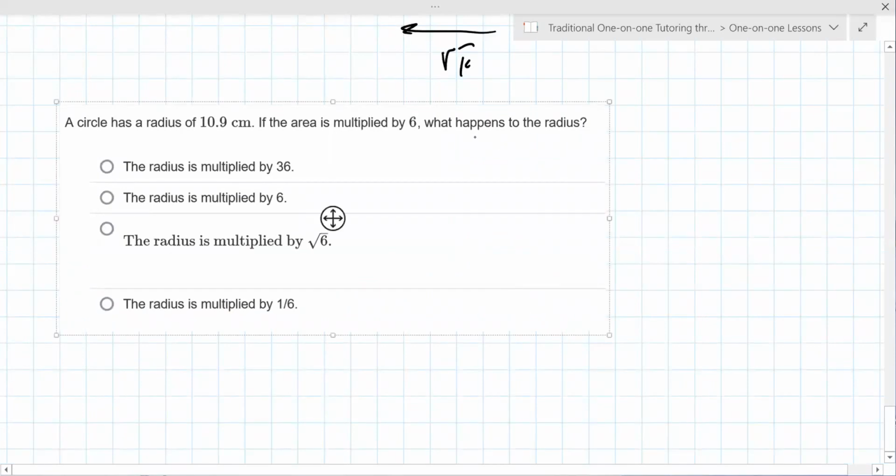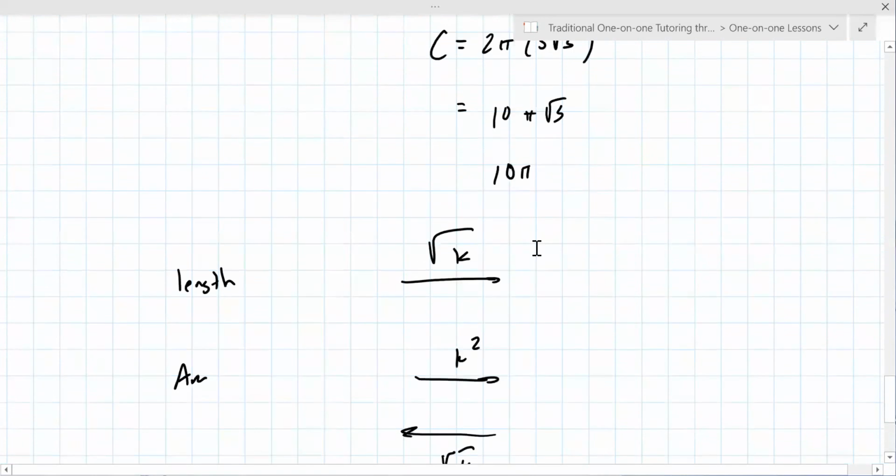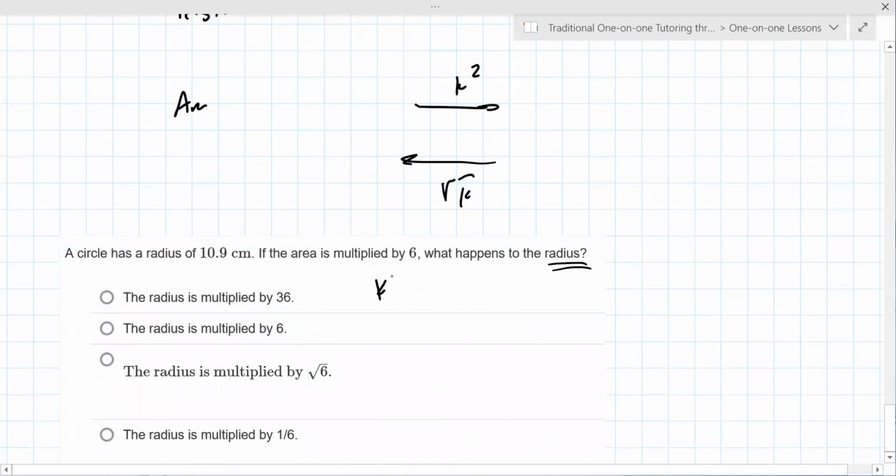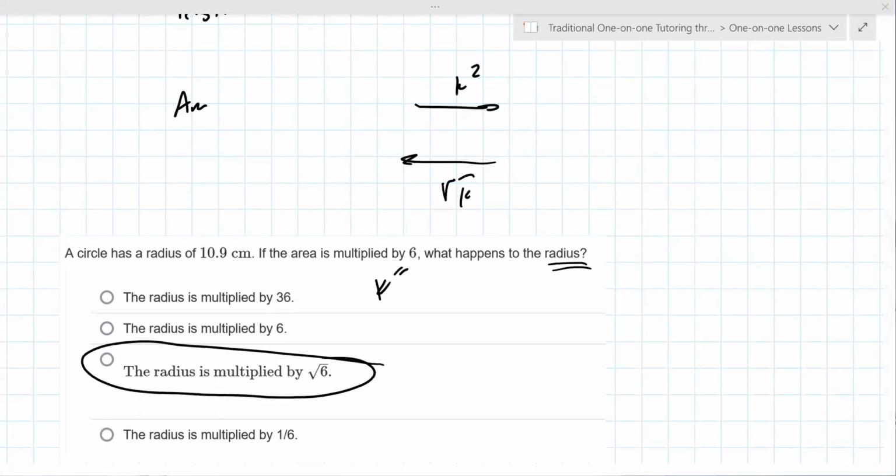Now they're asking about the radius, but it's essentially the circumference. Going back to this problem, the radius was 5, and then the new radius was 5 square root of 3. So that was multiplied by the square root of 3, or the square root of k. So here, this is your k. So the radius is multiplied by the square root of 6.